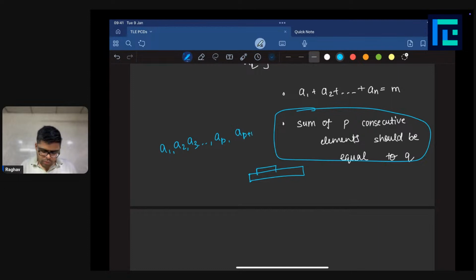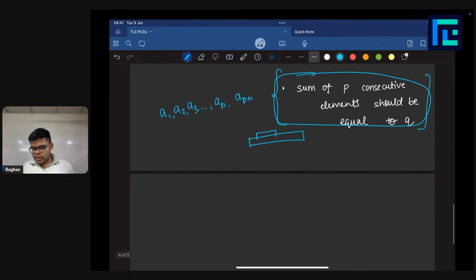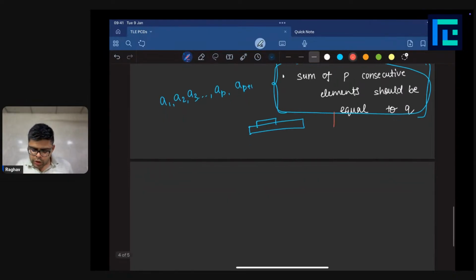Whenever you have this kind of situation, there is a very common conclusion that a of i should be equal to a of i plus p, or a of i plus p should be equal to a of i. You can say it in any way.